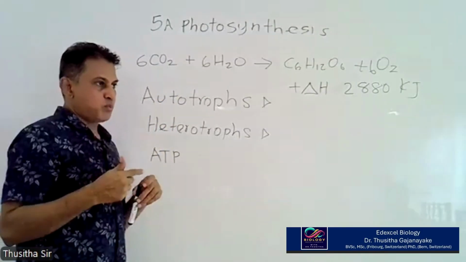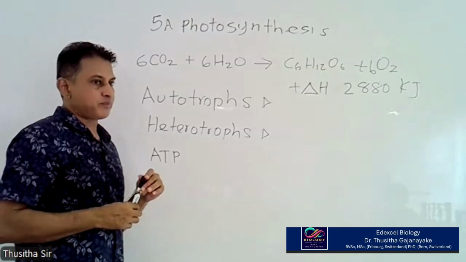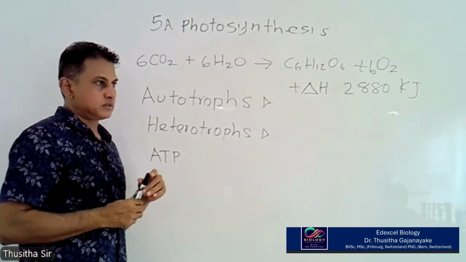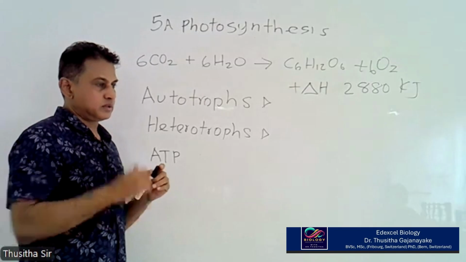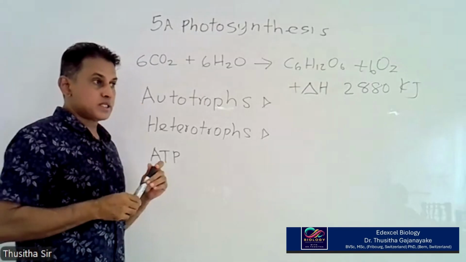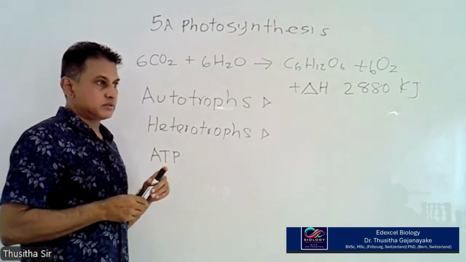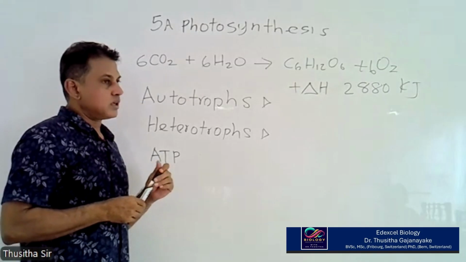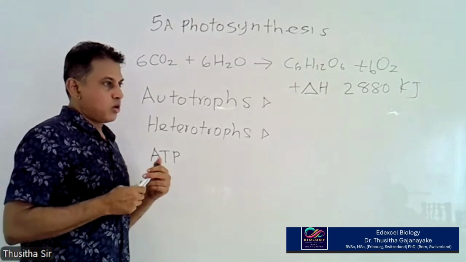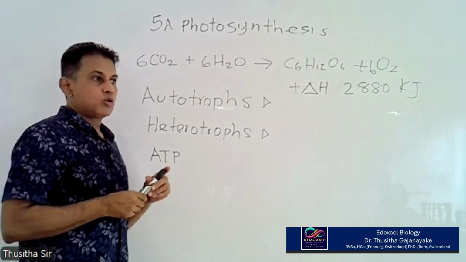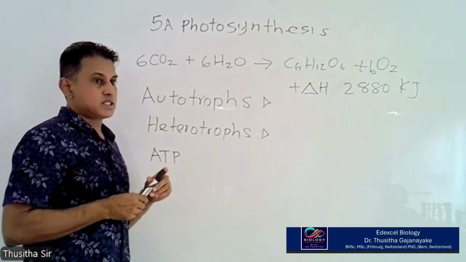Then you write the next thing, autotrophs. Autotrophs are the organisms who can do photosynthesis.